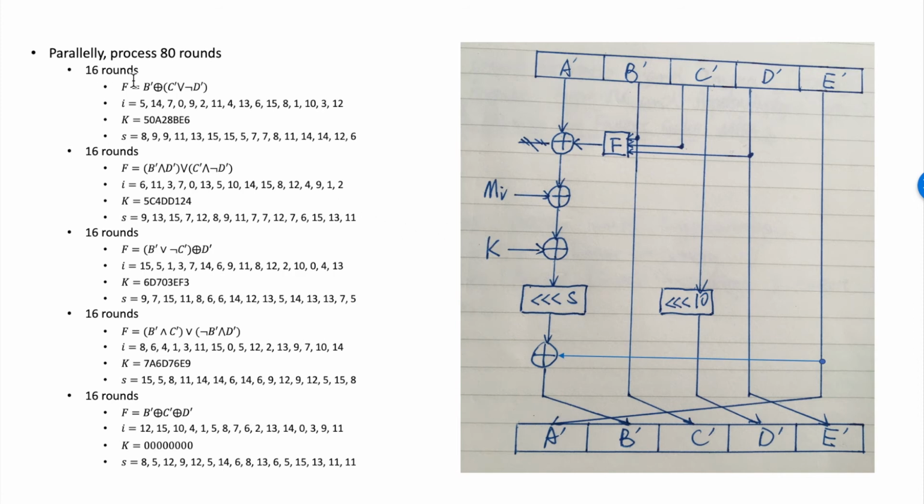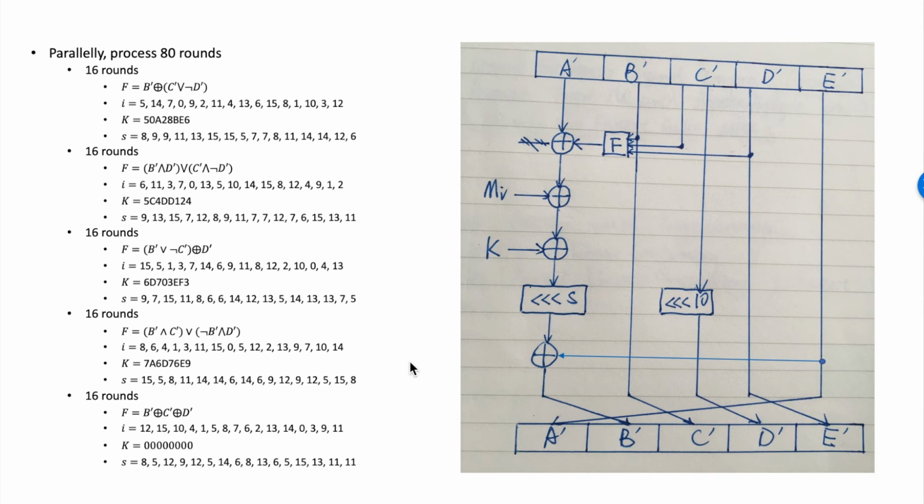The details are listed here. So in parallel, we process the same 16 words for 80 rounds of these operations, with the details like that.